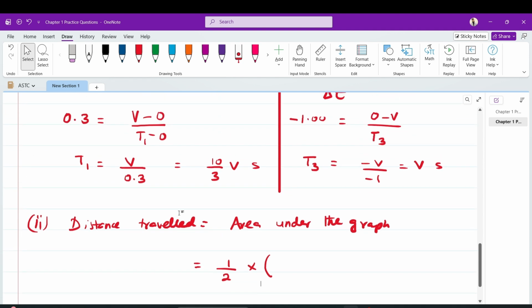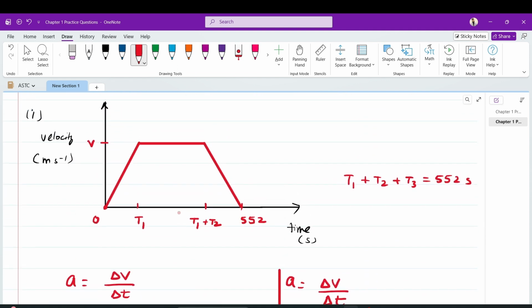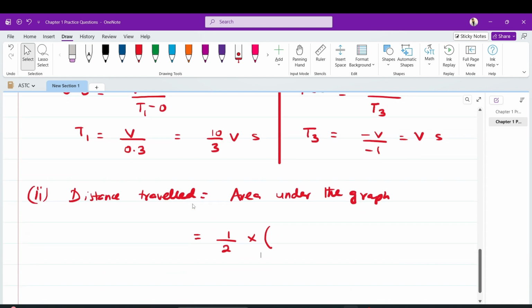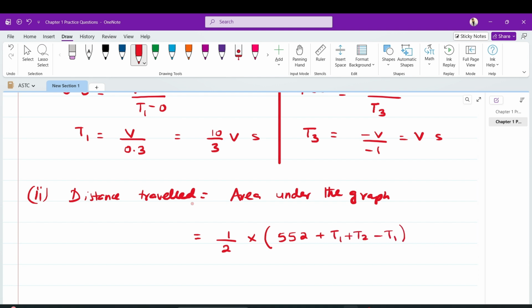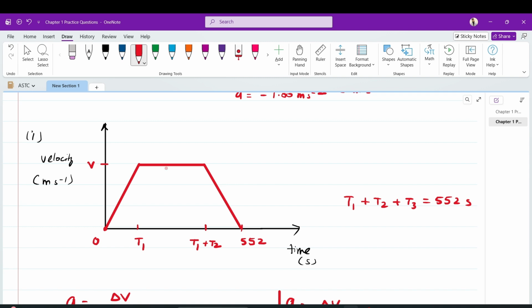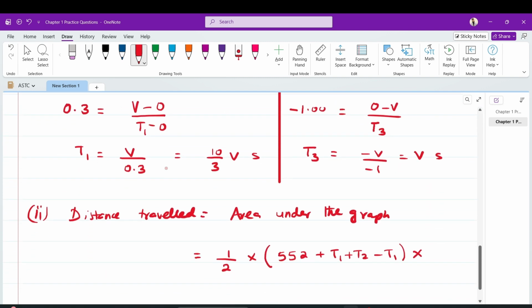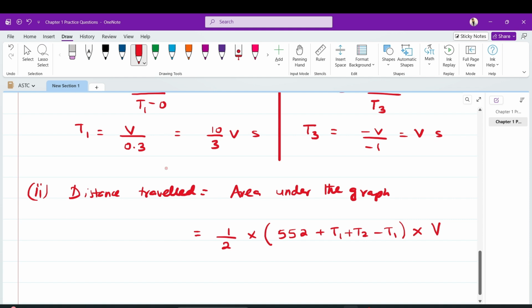So now let's see. The first one is going to be 552, and the second one will be t1 plus t2 minus t1. So 552 plus t1 plus t2 minus t1. So these are the sum of parallel sides multiplied by v. Okay, because that will be the height of the trapezium.